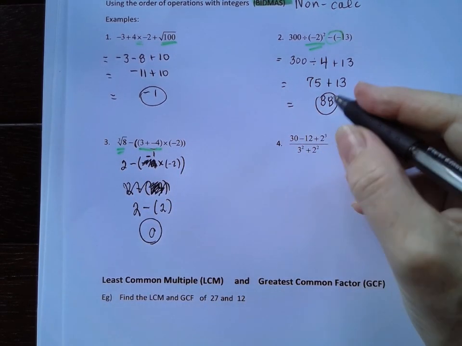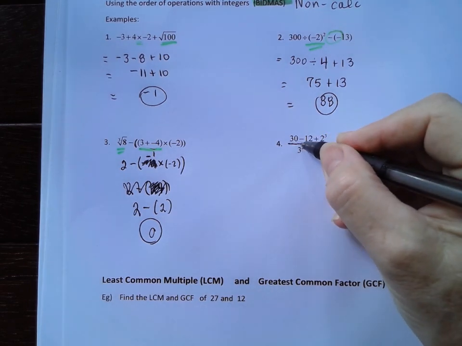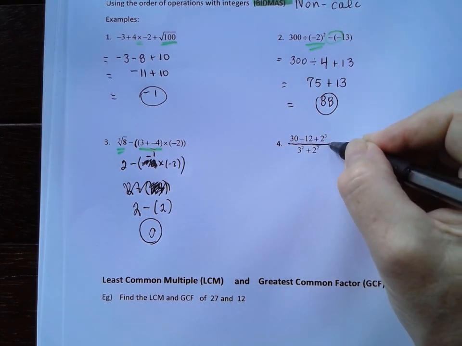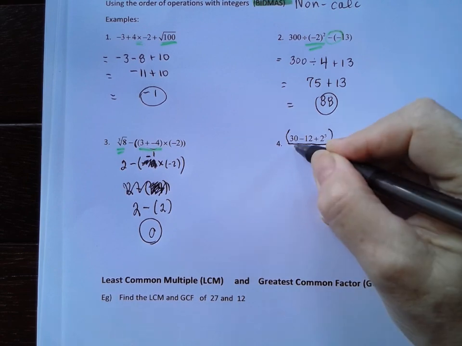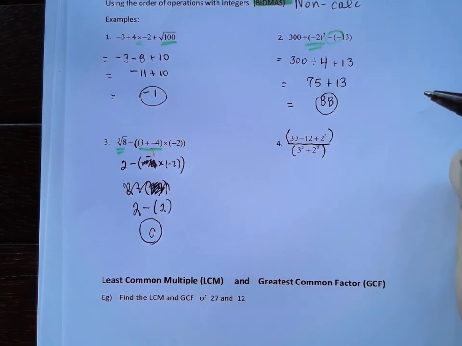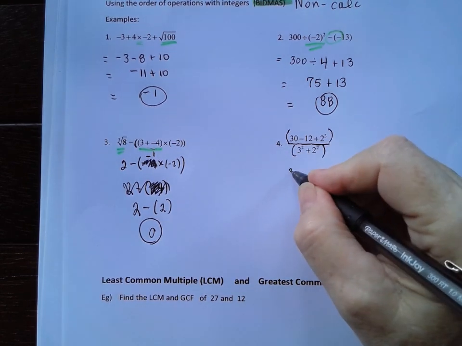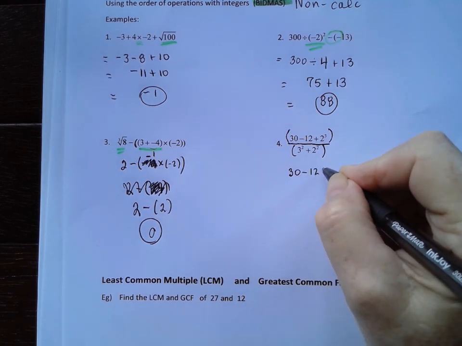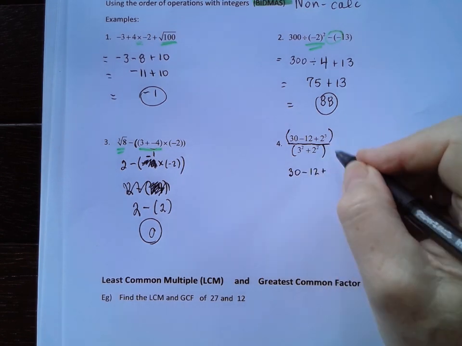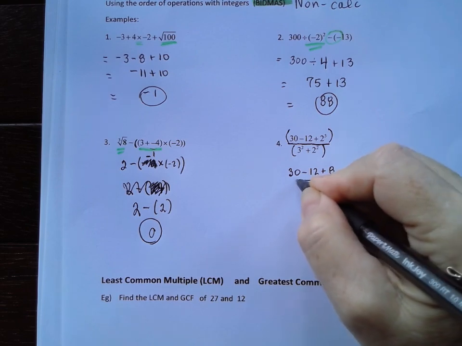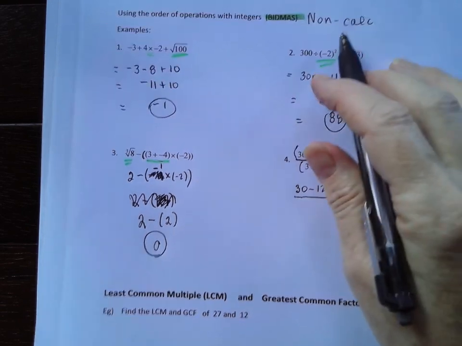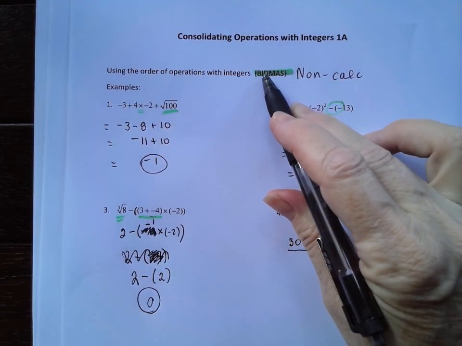Over to here. This bar here is actually a grouping symbol. So I need to do all this stuff, and then all this stuff, and then divide. So let's see, I have 30 minus 12 plus 2 times 2 times 2 is 8. That's an index in BIDMAS, so it comes first.